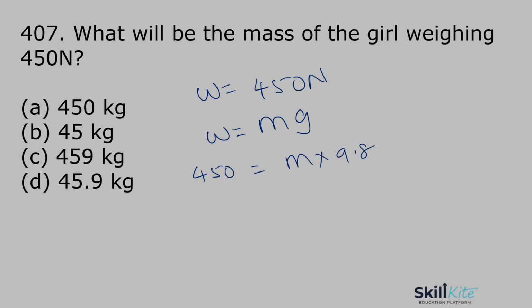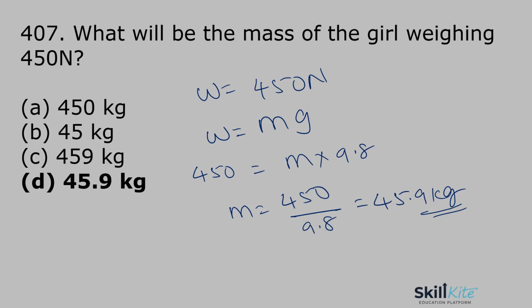So mass equals 450 by 9.8, which is around 45.9 kg. Option D is the right answer for this question. If you consider 10 as the g value, you will get 45. So in such cases we should always prefer 9.8. Remember that.